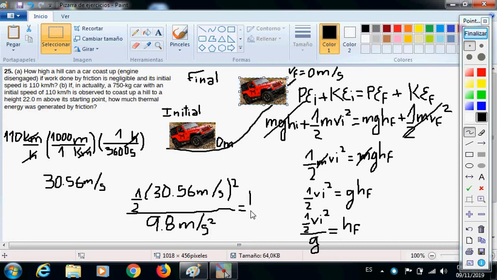That's the value of the final height. You do those calculations and then you will find the final height. Good luck!